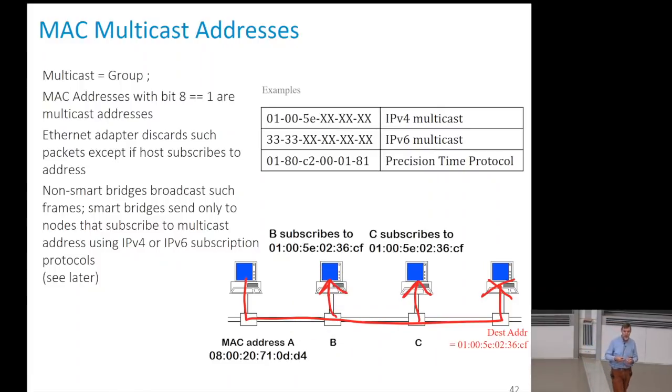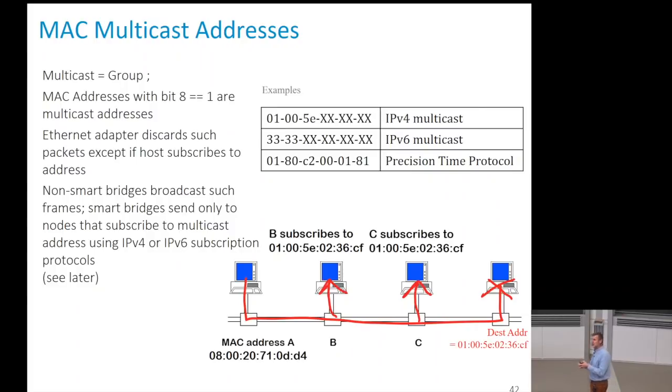Now the adapter, the hardware, the MAC layer, has to know whether a host is subscribing to a multicast address. There is no protocol in layer 2 to subscribe to a multicast address, so we have a contradiction here. We have multicast, but we have no protocol to handle it. What happens is that multicast is typically handled by out-of-band information.